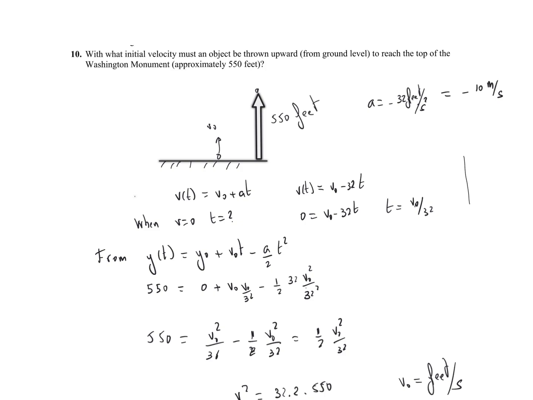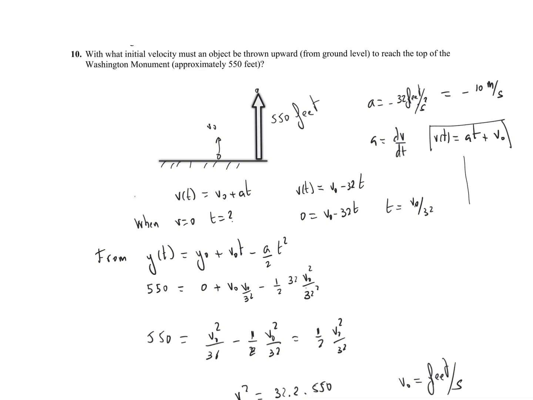So you say exactly the same: if a is constant, and a is the derivative of v with respect to t, then v of t is a times t plus a constant that is v0. So v of t is v0 plus a times t.